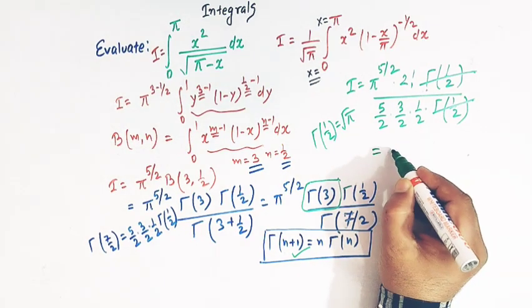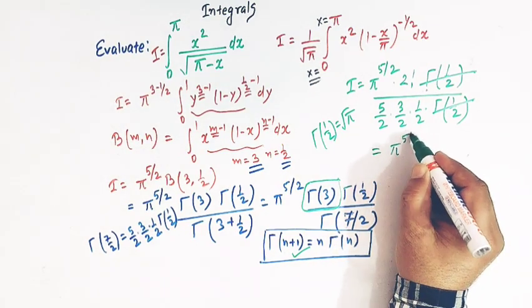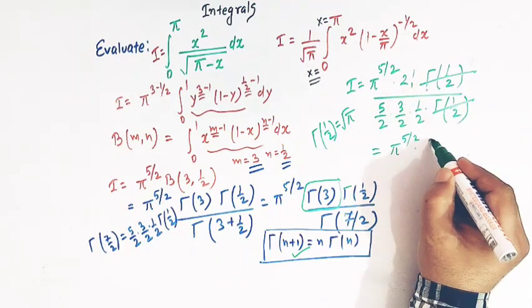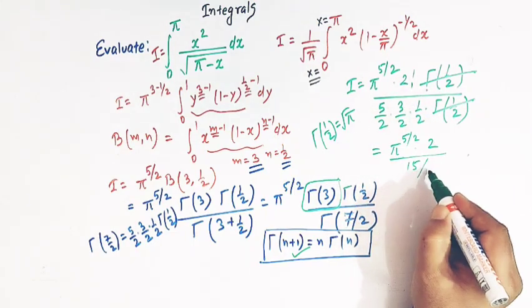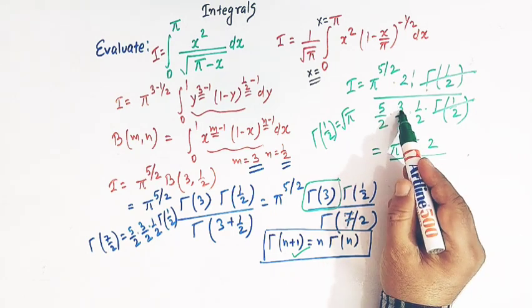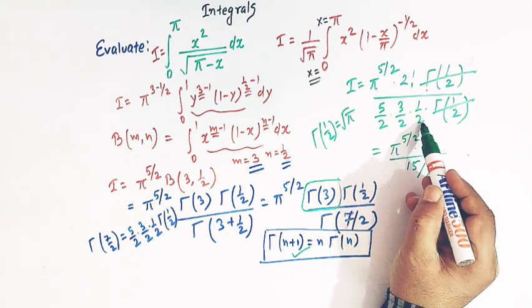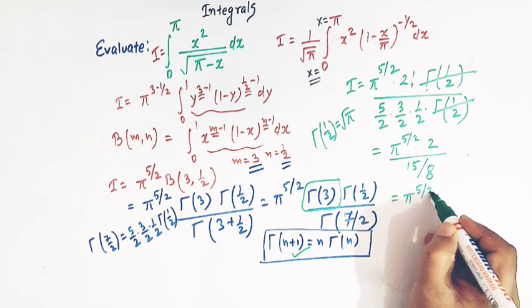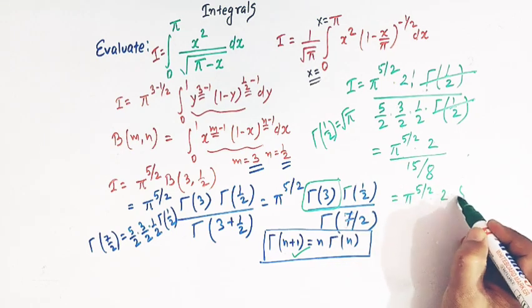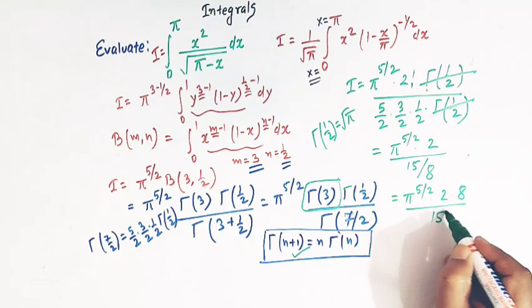So now we have pi raised to 5 by 2, 2 factorial is 2. Here we have 15 divided by 8, right? 5 3s are 15, 2 times 2 times 2 is 8, and we have pi raised to 5 by 2, 2 times 8 divided by 15, right?